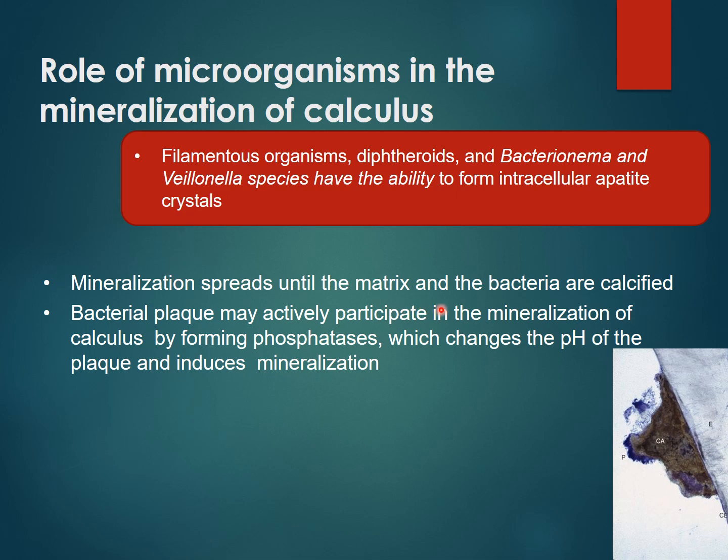Mineralization spreads until the matrix and the bacteria are calcified. They may actively participate in the mineralization of calculus by forming phosphatases, which change the pH of the plaque and induce mineralization.